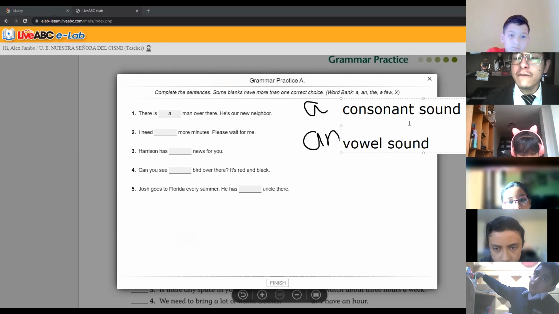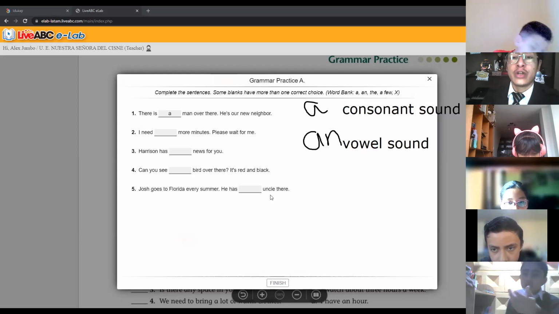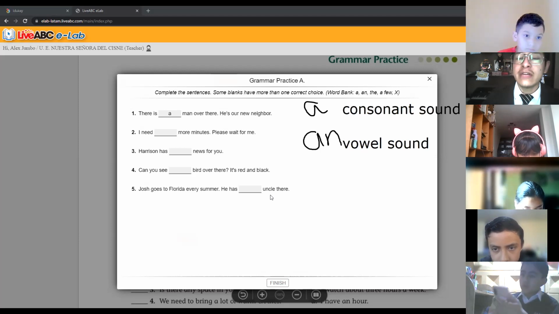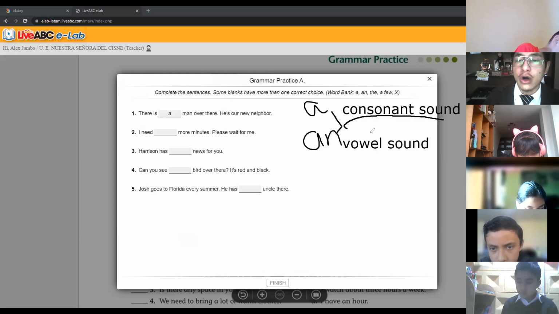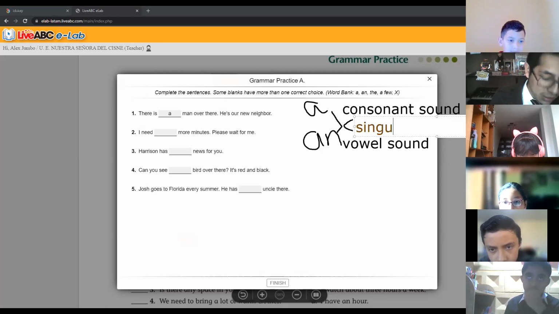But don't forget that you use a or an when you are talking about nouns. What is another particularity that you have to remember about a or an? Always, always the words that are following this, they must be in singular. In singular, not plural.